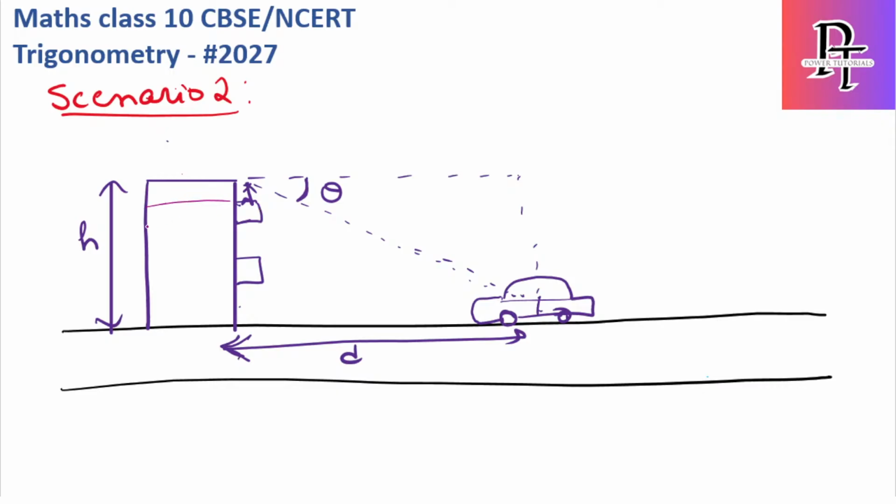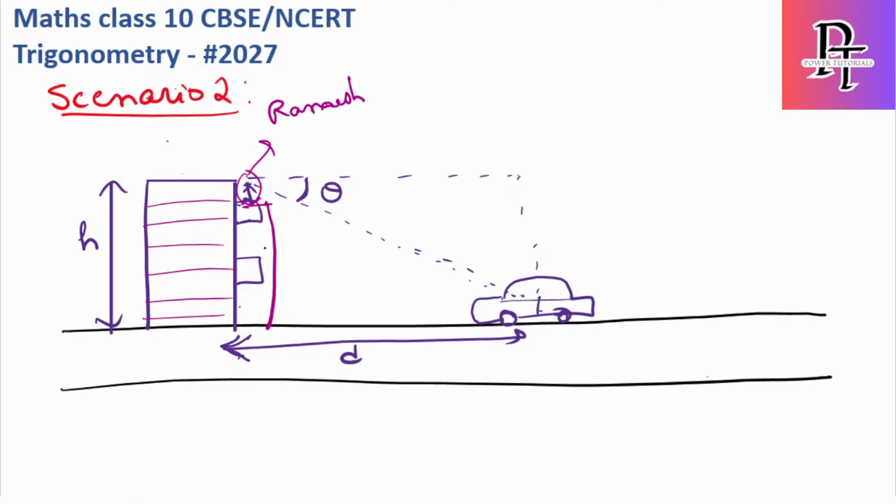We have a building, and each floor has a balcony on it. We have a person here, say Ramesh. What he is saying is, I am on the balcony of a building, and I know the height from my point to the bottom, till the road.